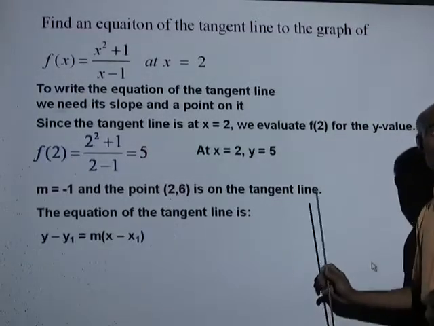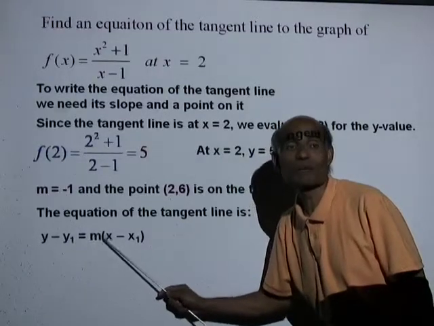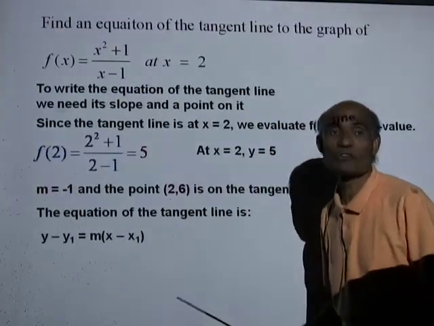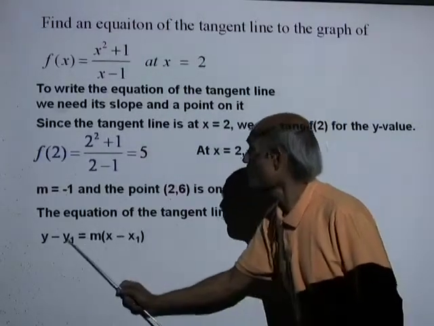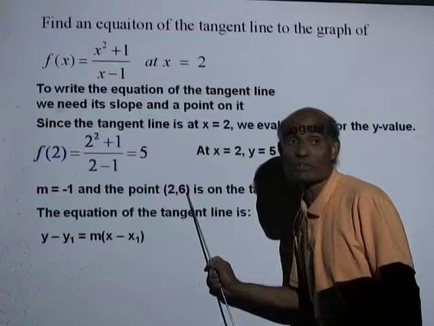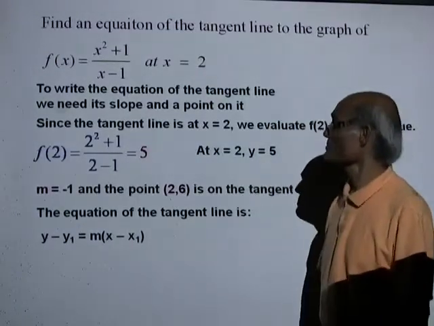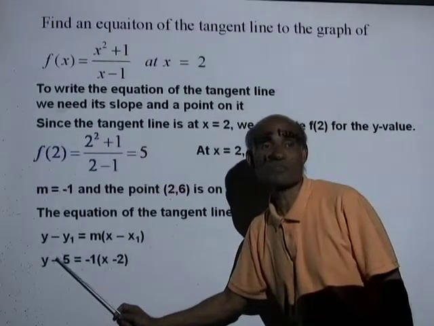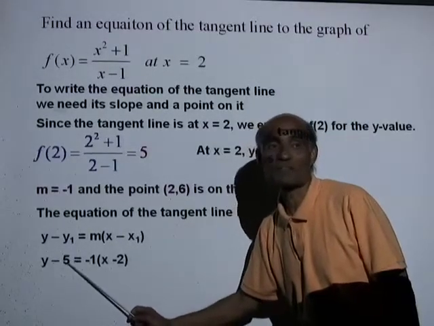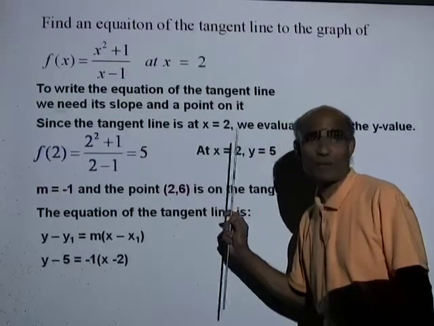And so our equation will be y minus y1 equal to m times x minus x1. Our x1 is 2, y1 is 5, not 6. Alright, our m equal to negative 1. And so we have y minus y1, y minus 5 equal to m, which is negative 1. Is that right?